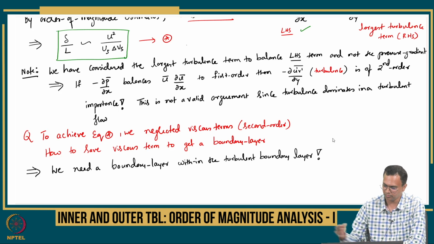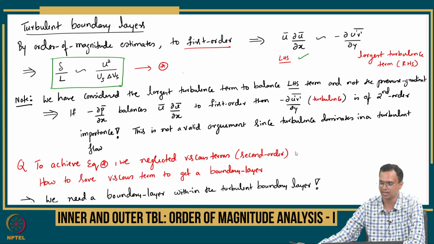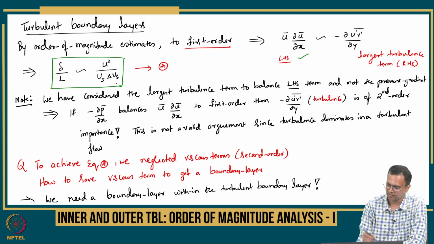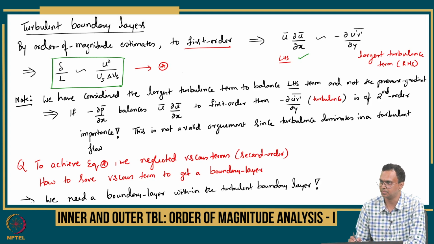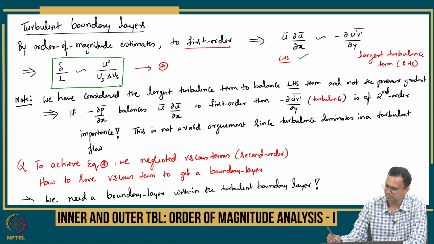So what we found so far from the scale analysis is called the outer turbulent boundary layer. An outer layer for the turbulent part. So this is valid here, this is the outer turbulent boundary layer.